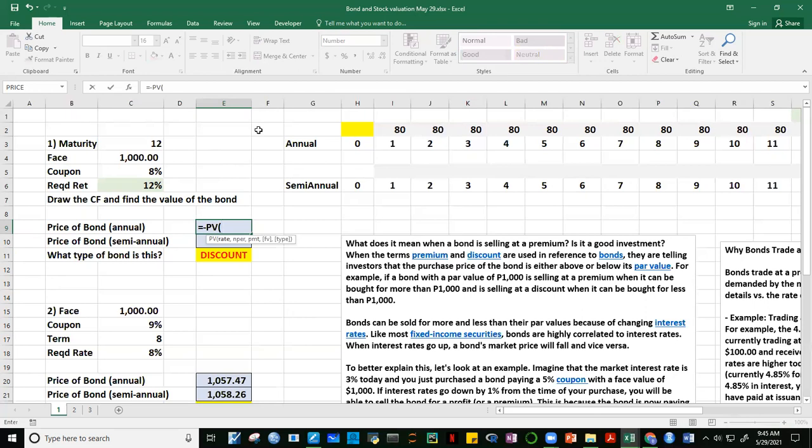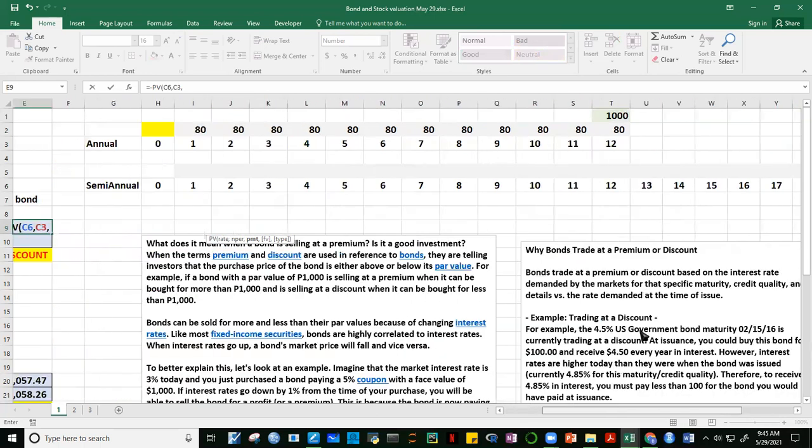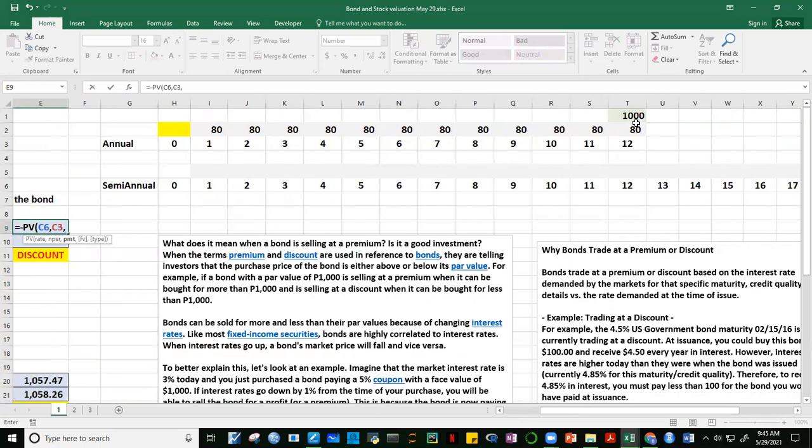So the rate is 12%, then comma, and assuming this is annual payment, the number of years is 12, comma. What are the cash flows? You have two cash flows, the payment and the future value. This is the payment, the annuity, 80, and this is the future value.